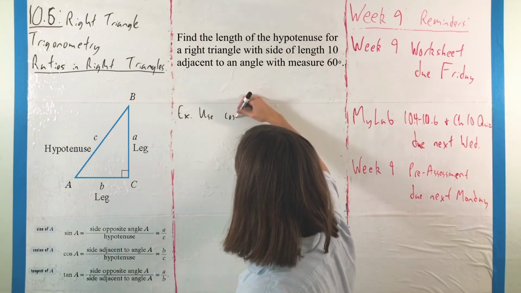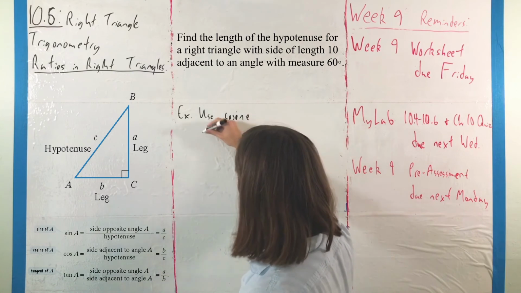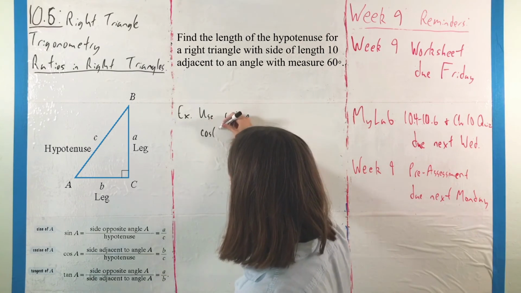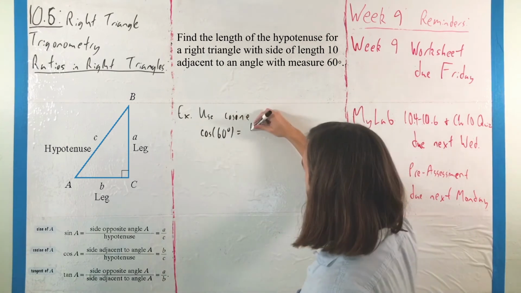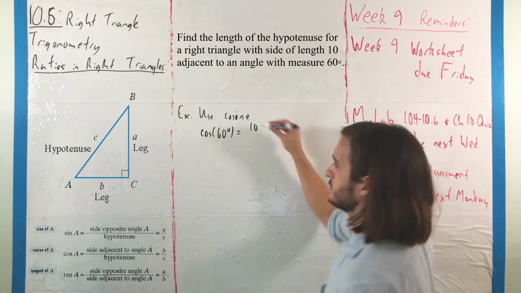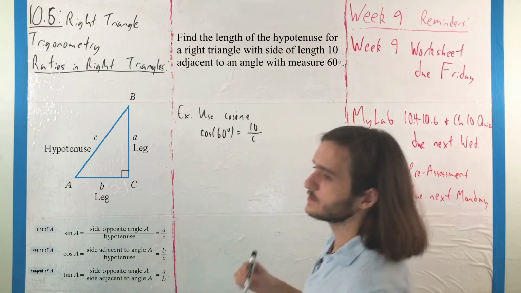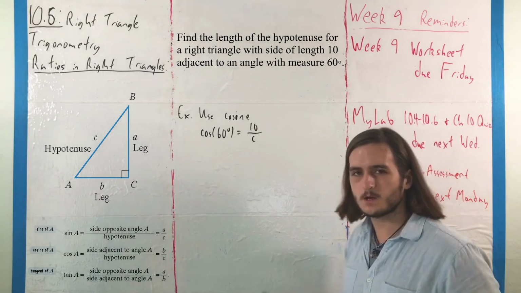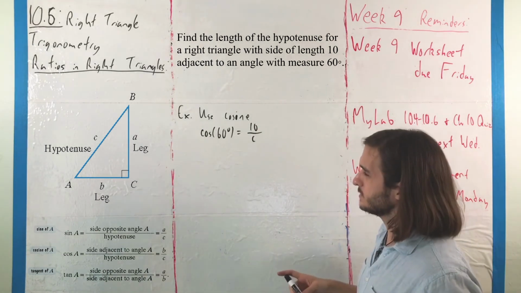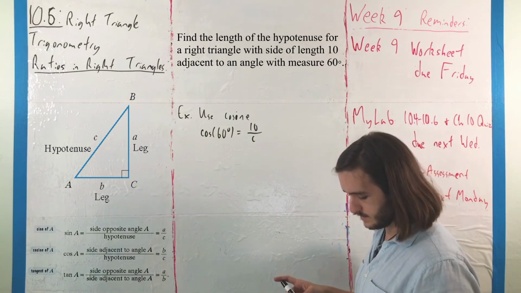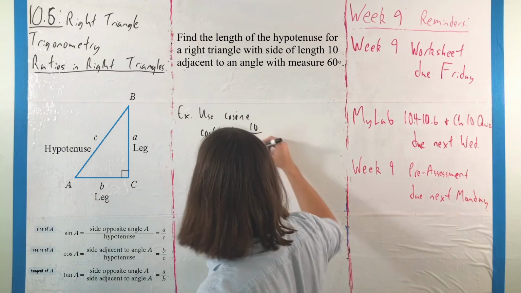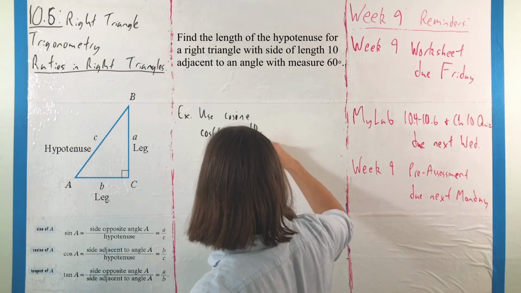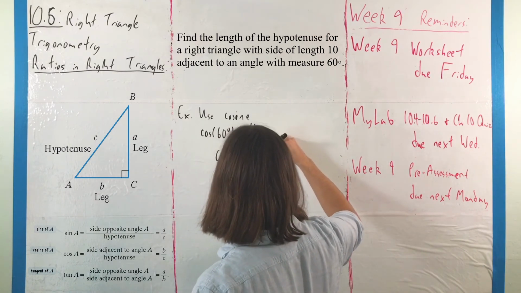So we're going to use cosine, where we have cosine of 60 degrees is equal to 10, the adjacent, over the length of the hypotenuse, which is C. And then from here, we want to do a little bit of rearrangement, which would give us that C is equal to 10 over cosine of 60 degrees.